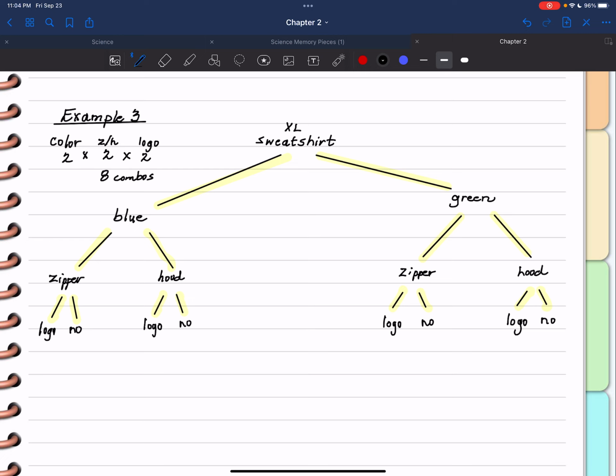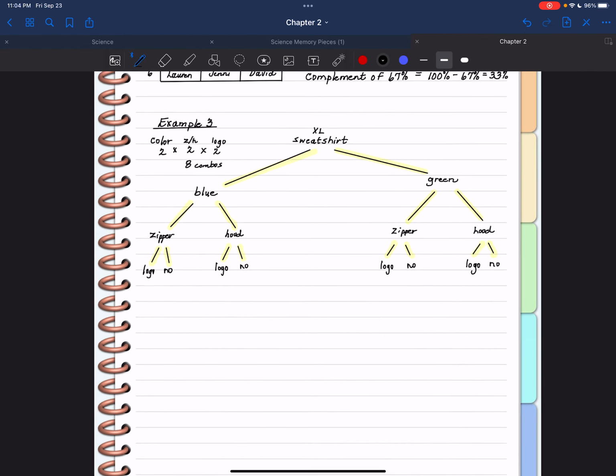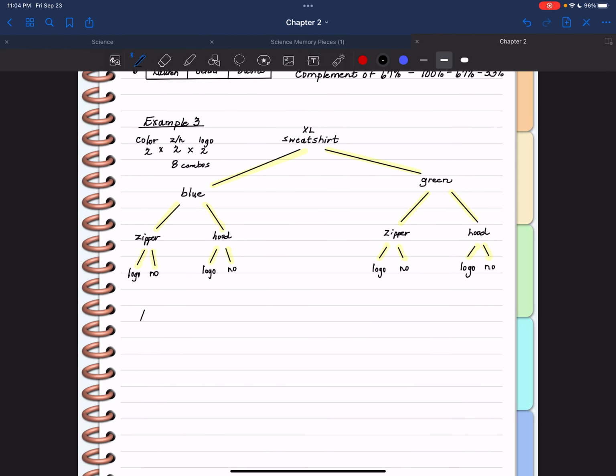And let's see, they give us an example, so help me out here. What is the probability that you will choose at random a sweatshirt that has a hood? Okay, so draw out your ratio.